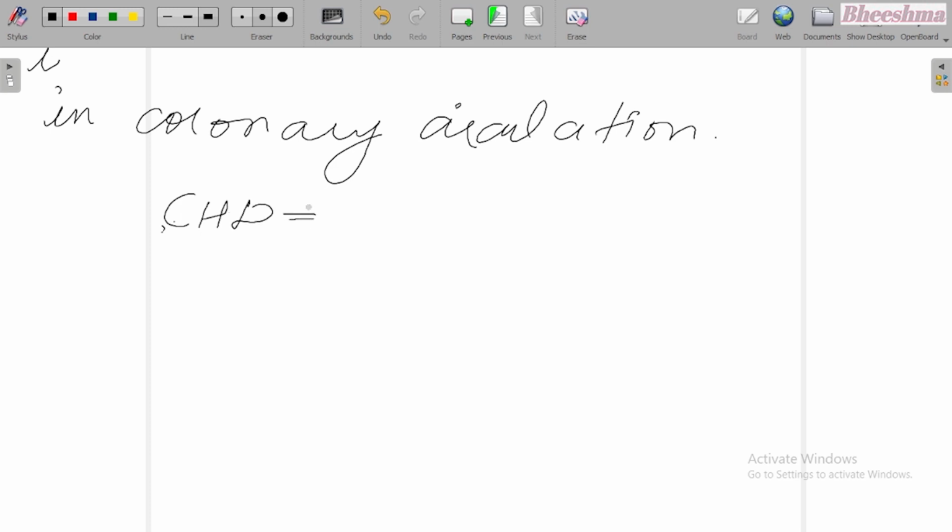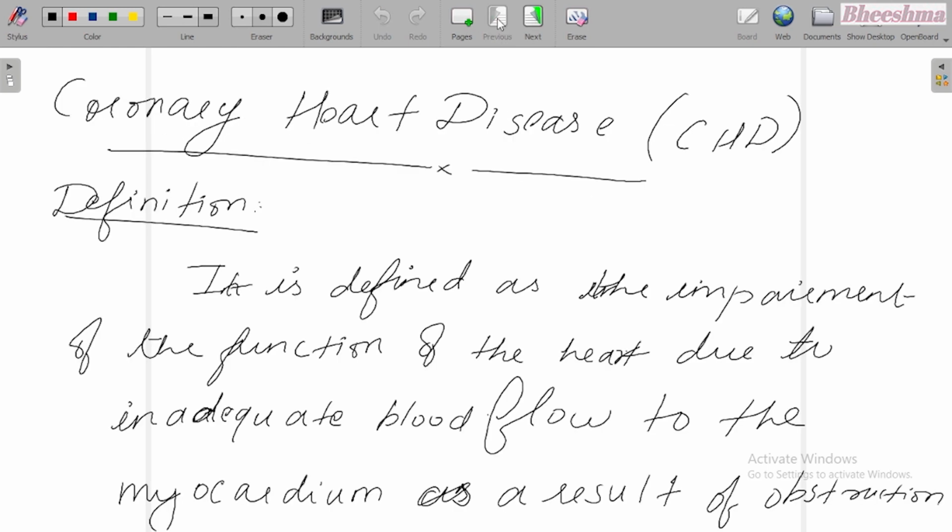Coronary heart disease is also called as modern epidemic. Here, first, the coronary heart disease is defined as the impairment of the function of the heart due to inadequate blood flow to the myocardium as a result of obstruction in the coronary circulation.